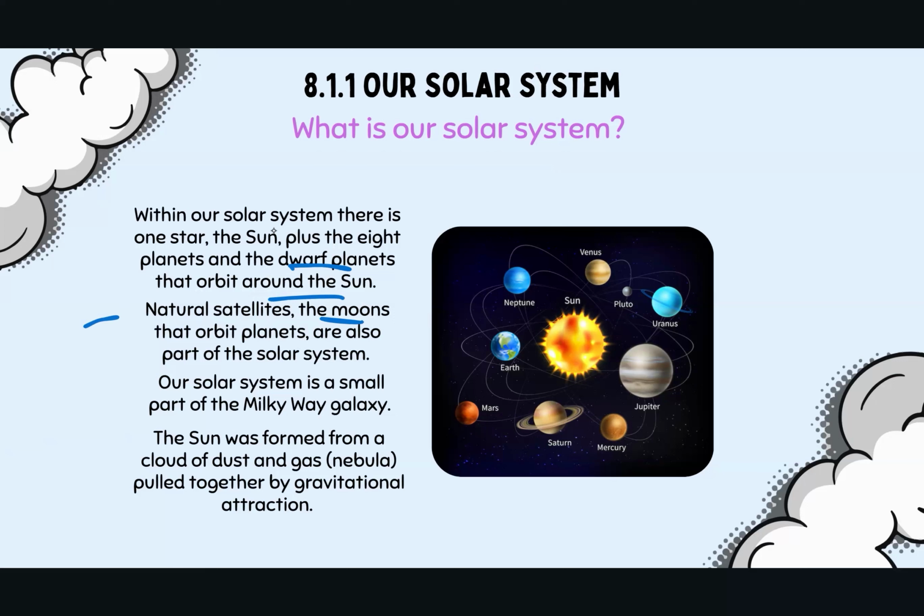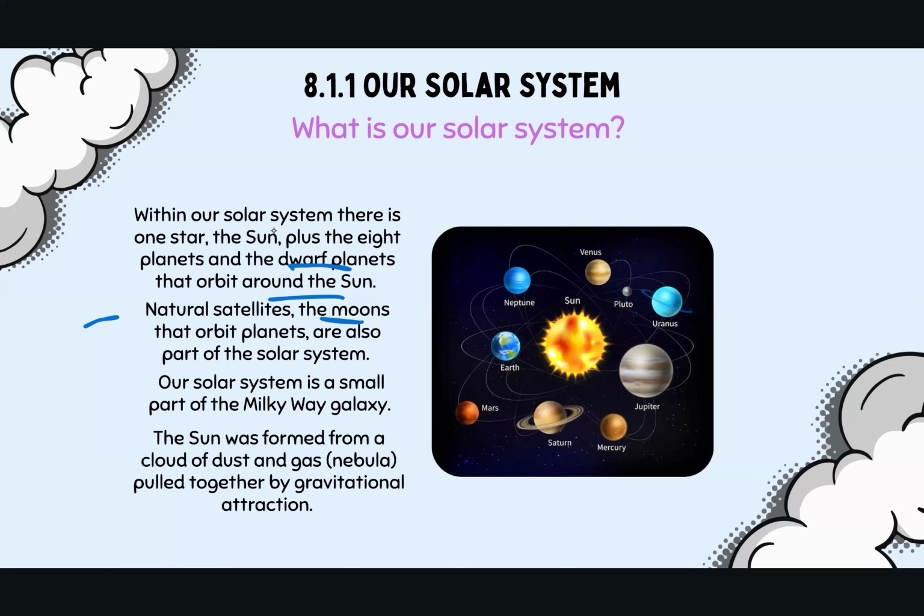Our solar system is a small part of the Milky Way galaxy. So the solar system is all the different things that orbit a star. Our star, which we call the sun, is orbited by planets and moons and dwarf planets and some other things, but it's a small part of the Milky Way galaxy.